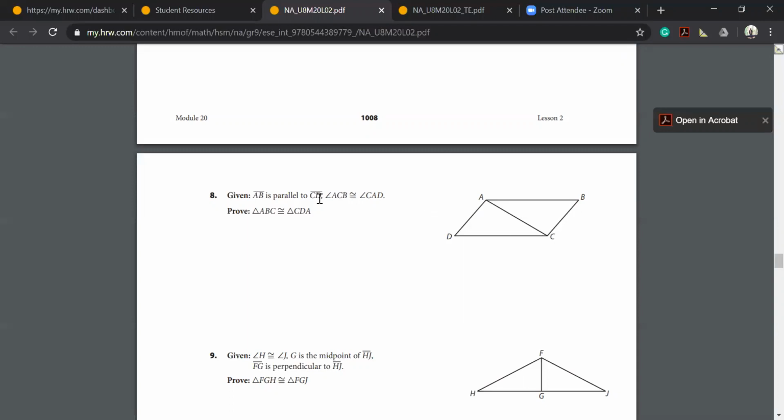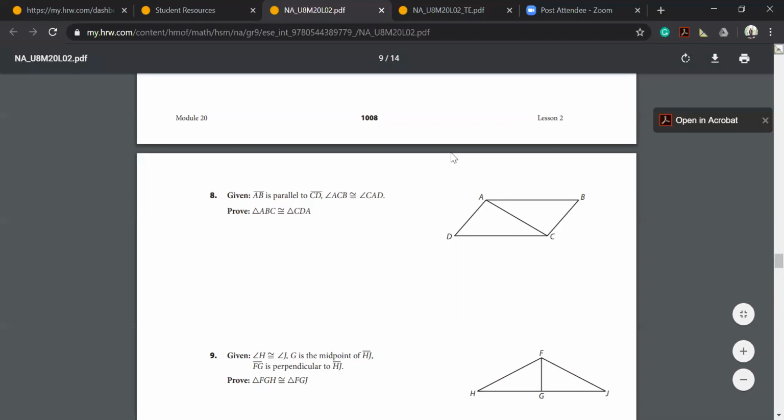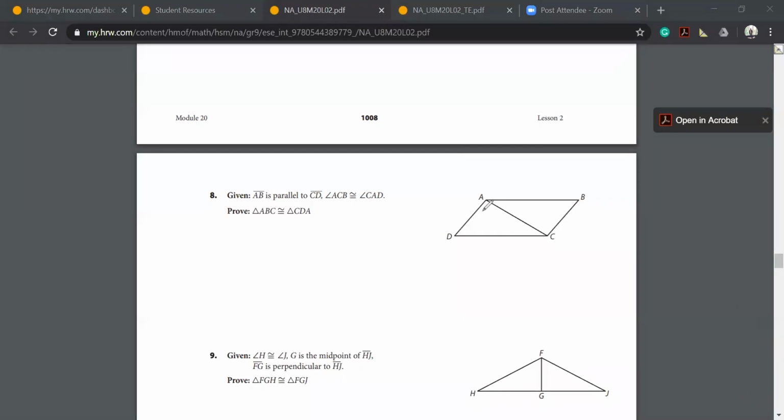And then angle ACB is congruent to angle CAD. Let's see, where is this? Angle ACB, this angle in here, is equal to CAD, this angle in here. So he is telling you that this angle is equal to this angle.